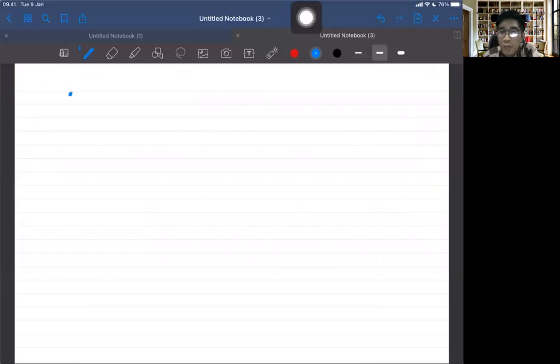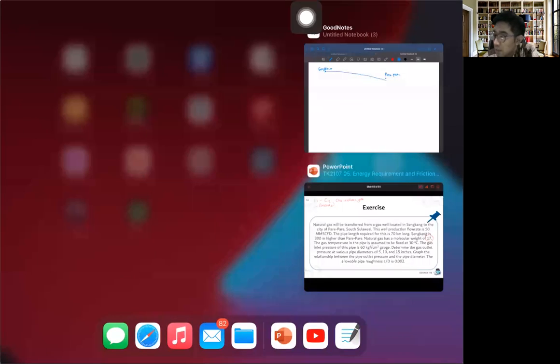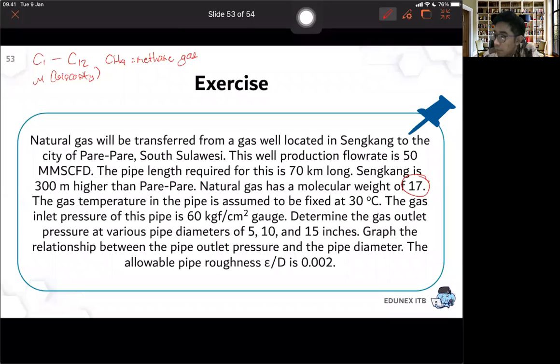If we want to visualize the problem, we have Sengkang and the other place, Parepare, at a different height. From the exercise, the length of the pipeline is 70 kilometers, and Sengkang is 300 meters higher than Parepare.